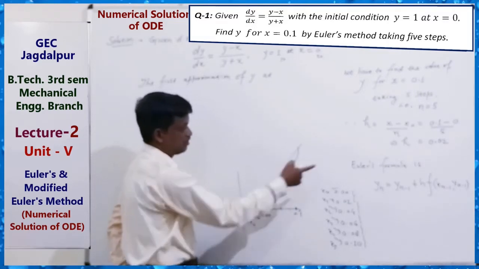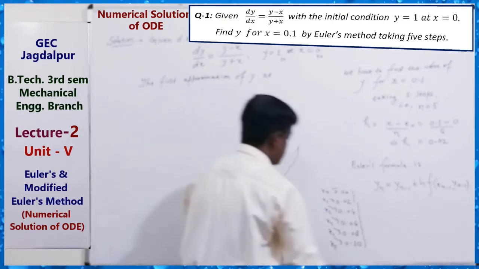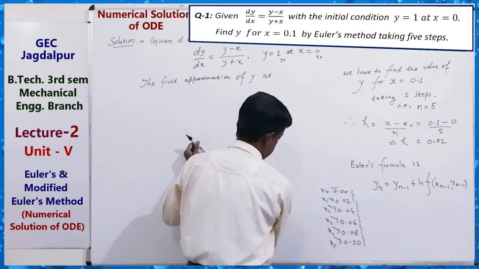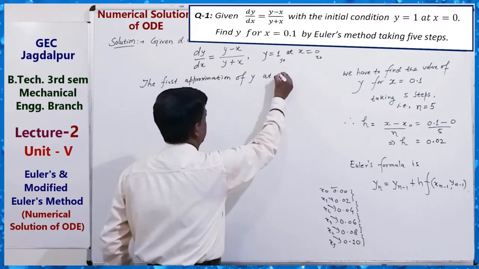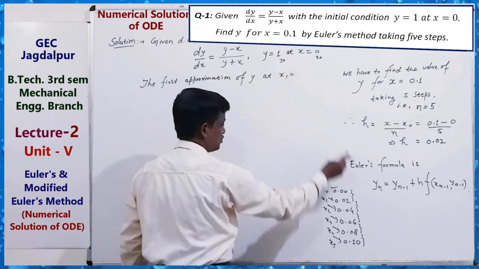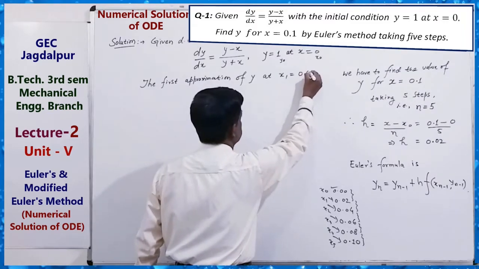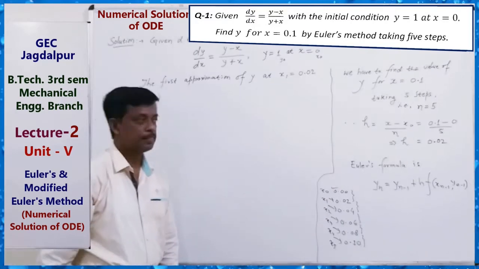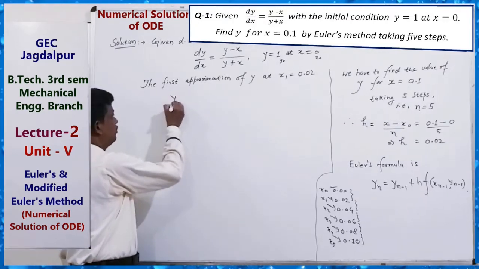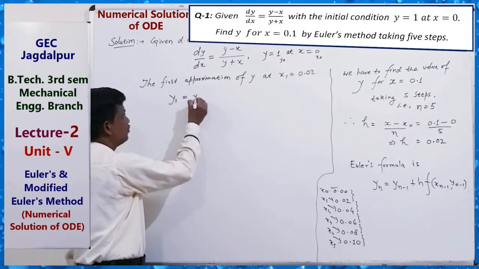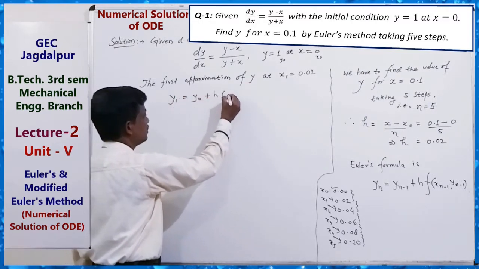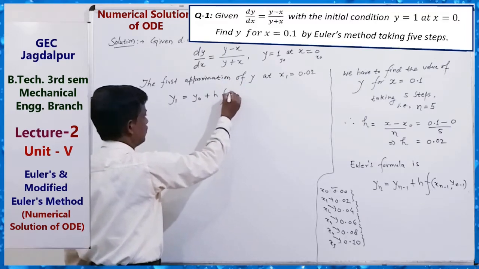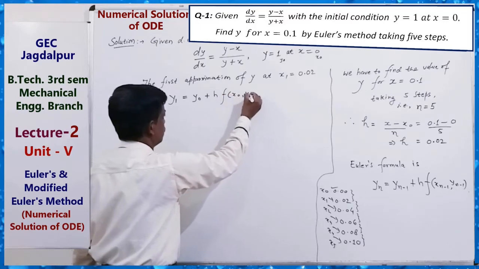In the first stage, using this formula, the first approximation is for the value of y at x1, where x1 equals 0.02. Clear? The value of y1 equals y0 plus h f(x0, y0).